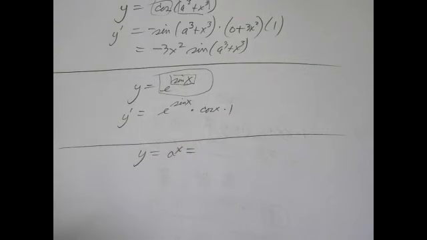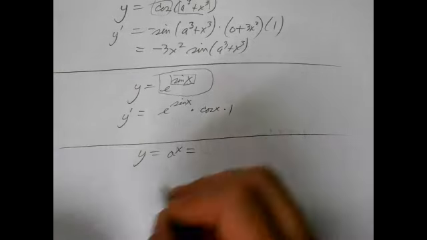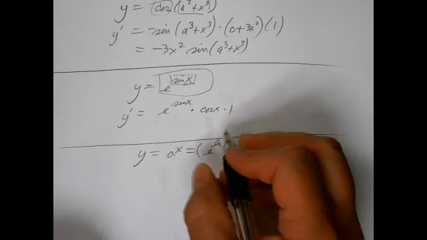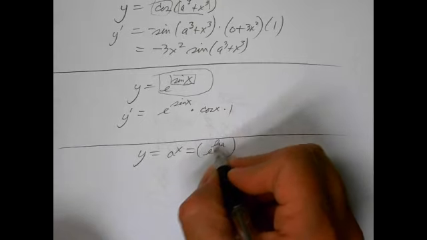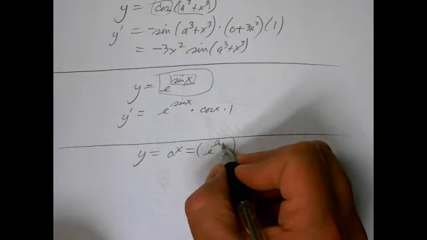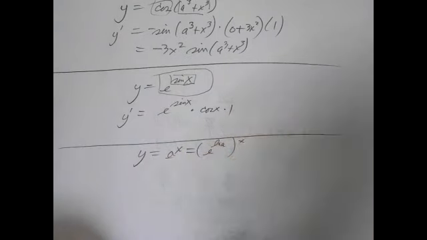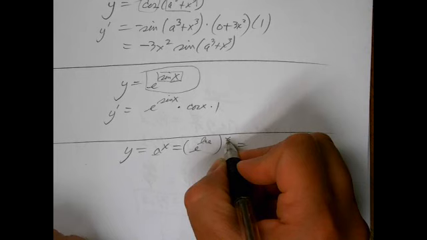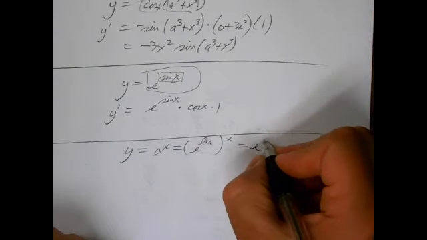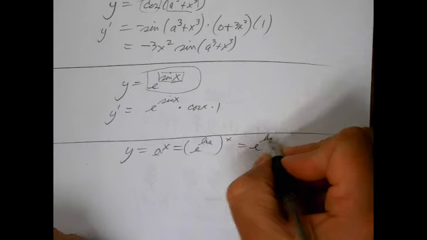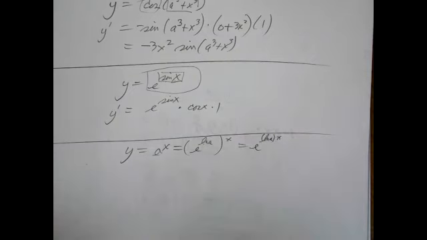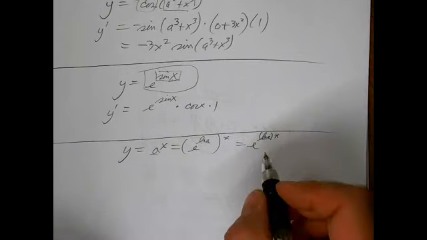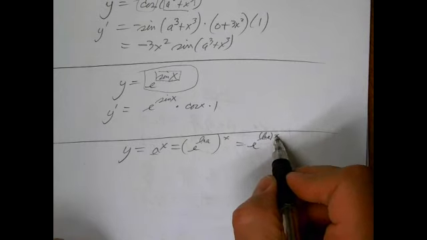Remember, a to the x is e to the power natural log of a, and note that the e and the natural log are inverses of each other, so this is just a fancy way of saying a. E to the natural log of a is the same thing as a. And remember, when you raise a power to a power, you multiply those powers. So this is e to the power natural log of a times x. And again, bearing in mind that since a is a constant, natural log of a is a constant as well. So this is nothing but e to a constant times x power.